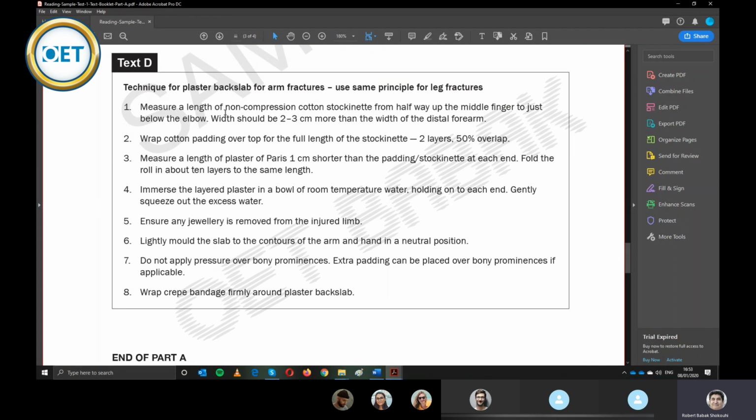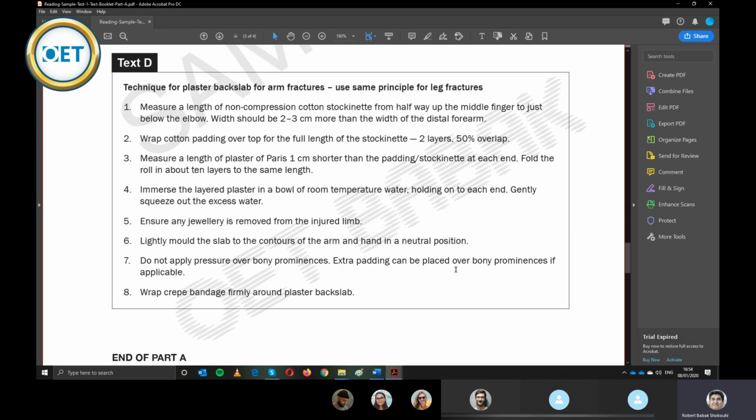I say: technique, plaster backslab, arm fracture, leg fracture, length of non-compression cotton stockinette, halfway, middle finger, below elbow, 2-3 centimeters more than distal forearm, wrap cotton padding, full length, 2 layers, 50% overlap, measure length, plaster of Paris 1 centimeter shorter than padding stockinette, 10 layers, same length, immerse layer plaster bowl, room temperature water, holding each end gently squeeze excess water, ensure jewelry removed, lightly mold slab, contours of neutral position.